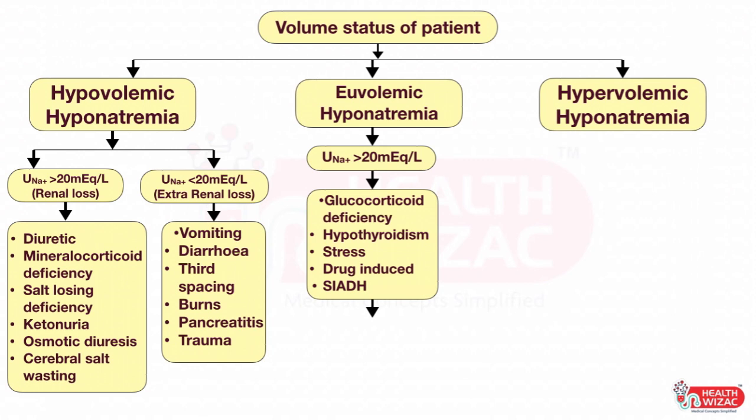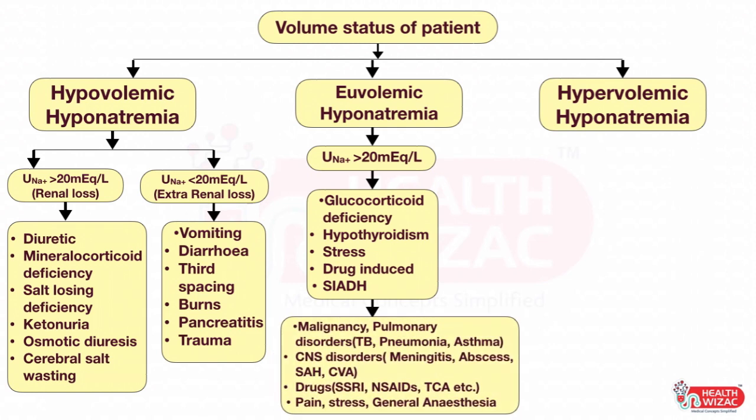SIADH, or the syndrome of inappropriate antidiuretic hormone, is usually found in clinical conditions like malignancy, patients with pulmonary disorders like pneumonia, tuberculosis, asthma, patients with CNS disorders like meningitis, abscess, cerebrovascular accidents, subarachnoid hemorrhages, and drug-induced.